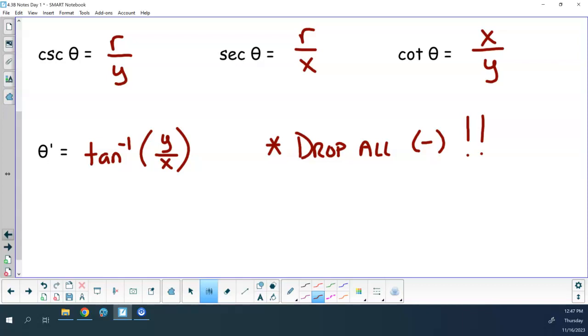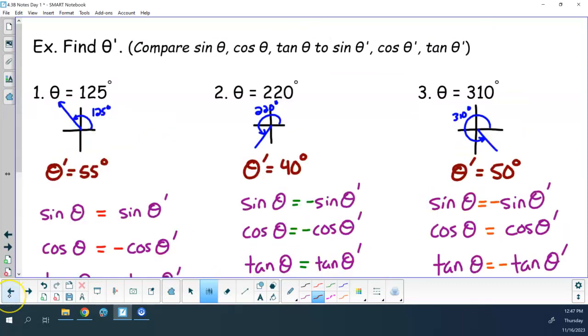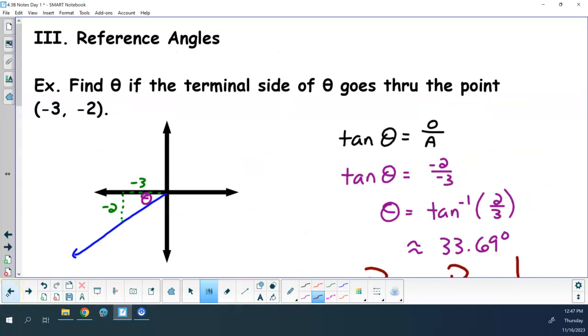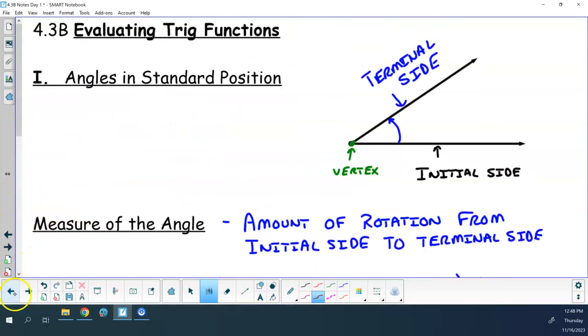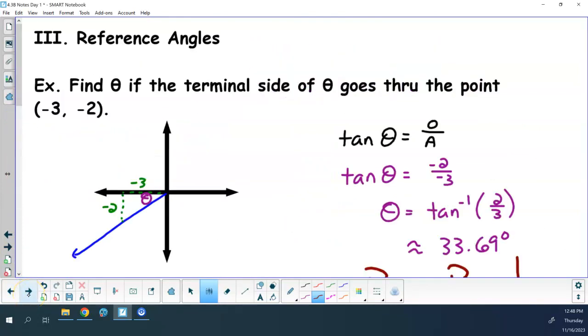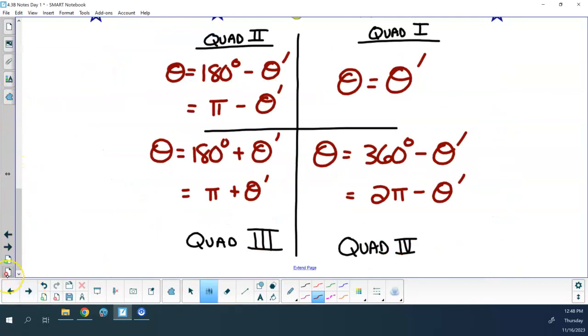That finds us our reference angle. Gotta drop the negatives. That gets us an acute angle, and then we have all of these also, so because we have our reference angle, we refer back to this chart.